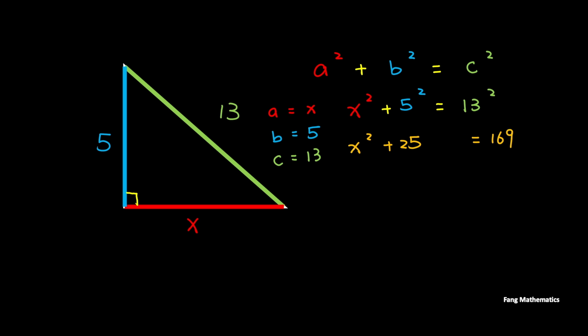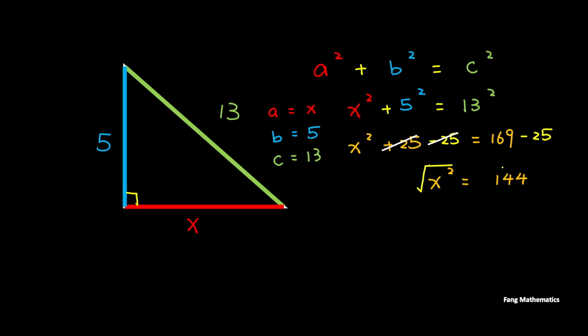We are to make x the subject, so we subtract 25 from both sides. On the left-hand side, the plus 25 and minus 25 are eliminated, leaving you x squared. On the right, 169 minus 25 gives you 144. Now we are to remove the power 2 and get the length.